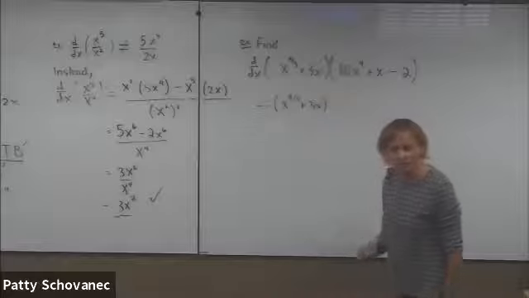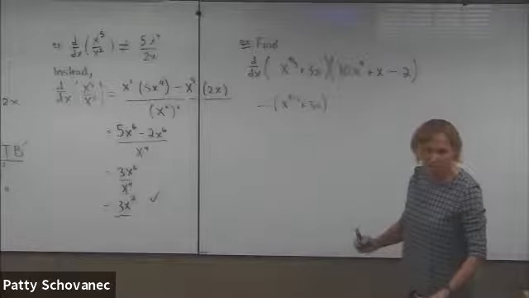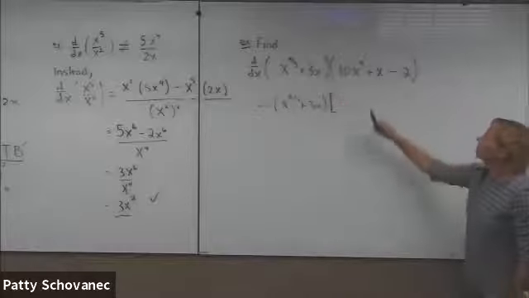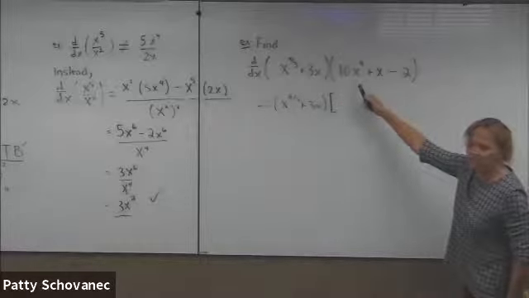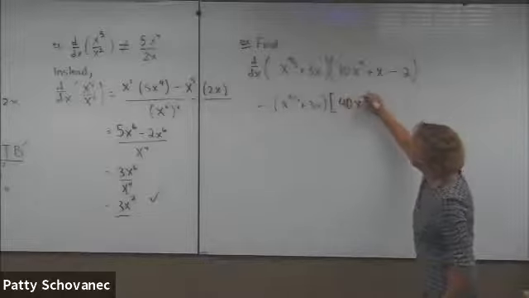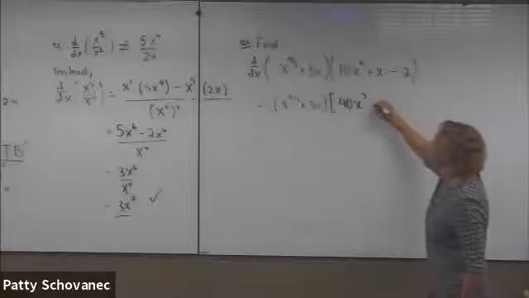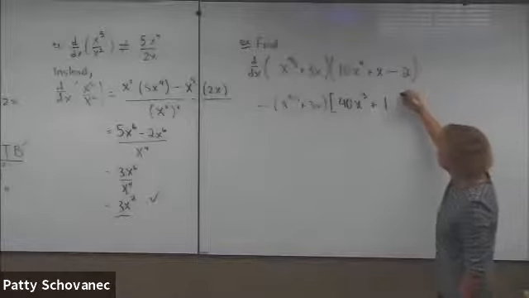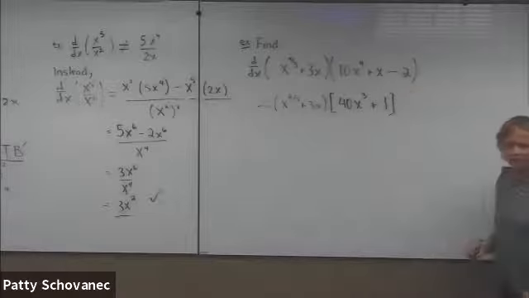And now I take the derivative of the second. Just to show you I'm taking the derivative, I'll use a square bracket. What's the derivative of 10x to the 4th? 40x to the 3rd. What's the derivative of x? 1. And what's the derivative of 2? 0. There's the derivative of the second.